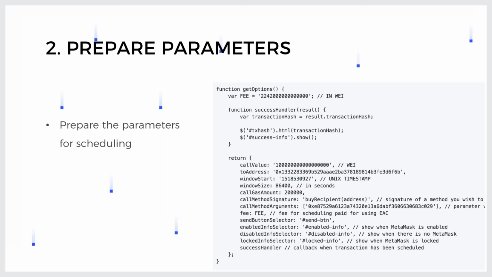So there are parameters that you'll need to set. These include the basic values for an ICO contribution, such as the amount of Ether to send, what contract to send it to, as well as some of the settings for the actual design of the button.